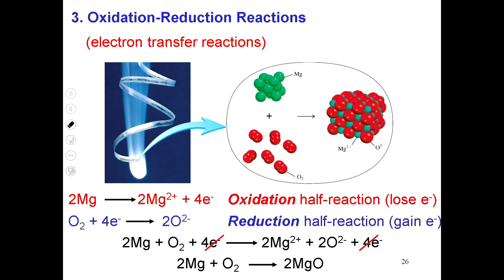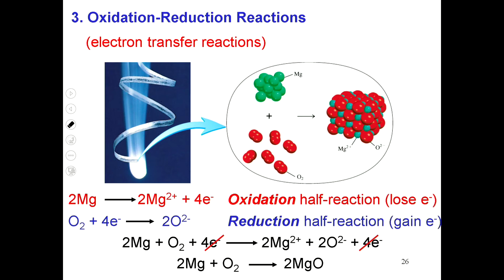In this reaction, at first the metal has zero charge, and then it loses 2 electrons, and each oxygen atom gets 2 electrons.